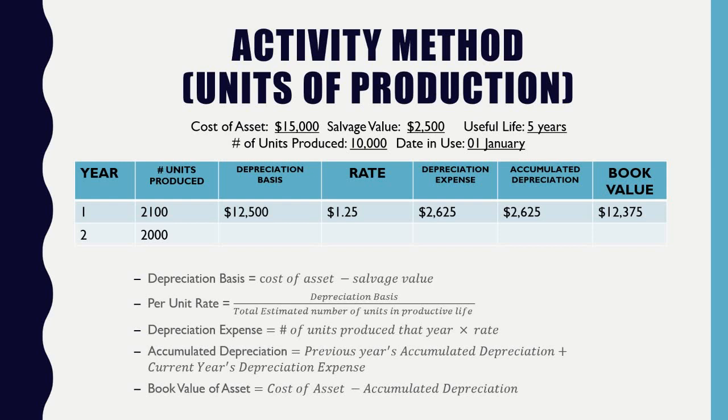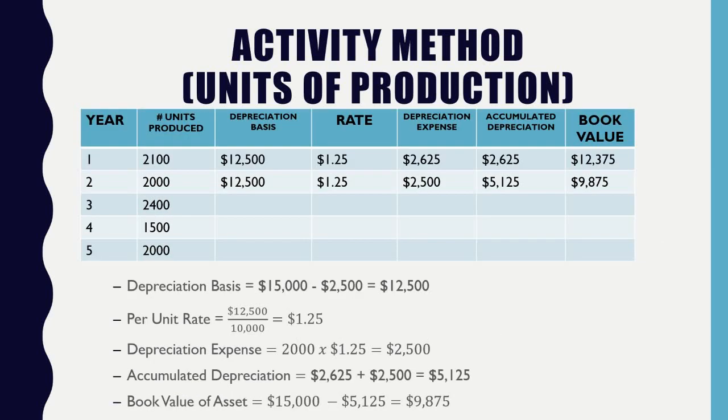The only difference here is my depreciation expense is going to be the number of units that I produced that year, multiplied by my rate. What you're going to notice is, if I go through everything every single year, my depreciation basis and my rate, once you solve for the first one, are going to be consistent.